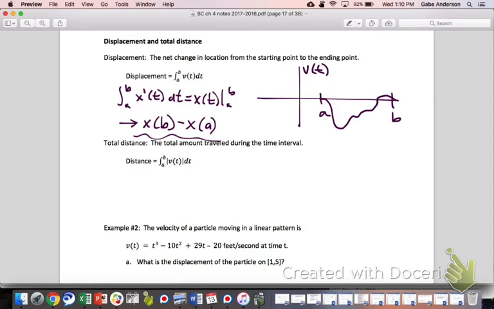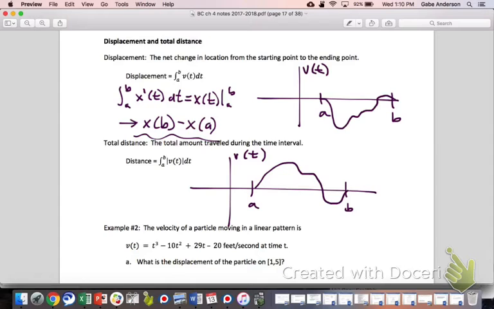If you have a velocity graph like before, and let's say the velocity graph does something like this, and there's a little bit of left movement. You'd look at this and say, well, the displacement would be that positive area plus the negative area, right? So positive something minus whatever.